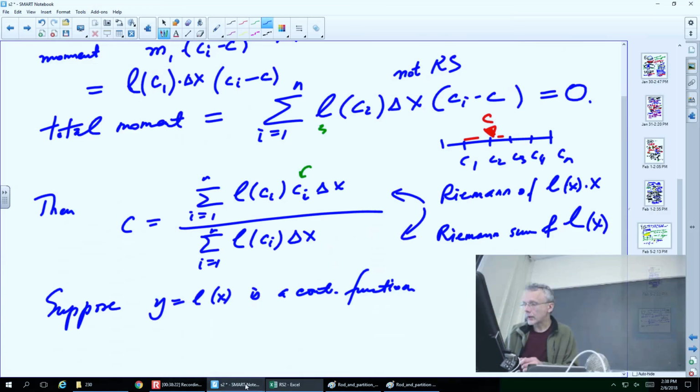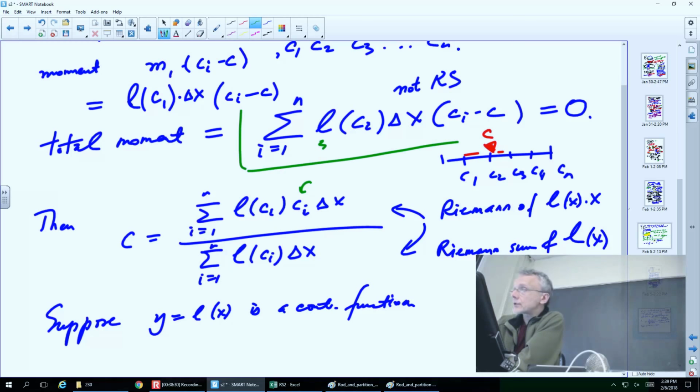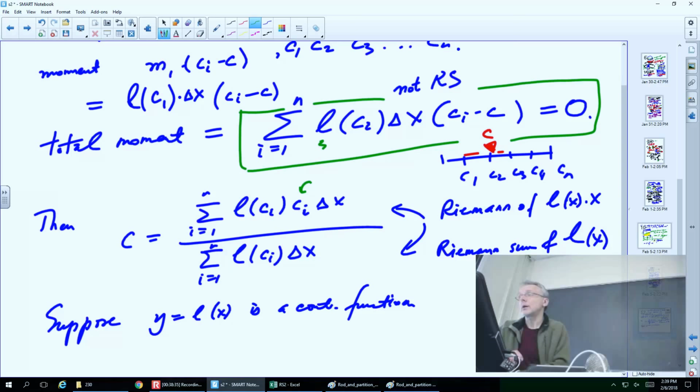So in other words, let's try to draw a conclusion from the balance equation. What is the corresponding conclusion about the function when it is continuous?